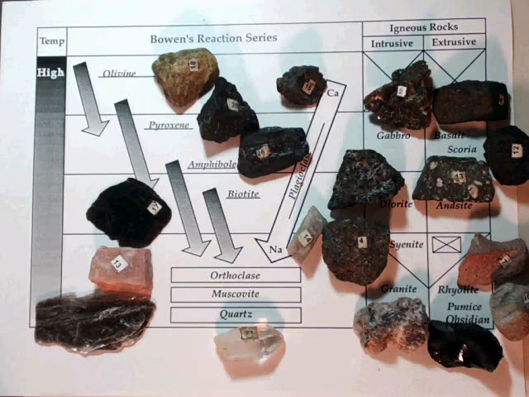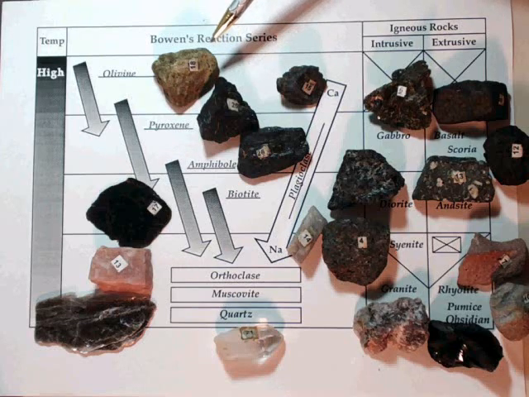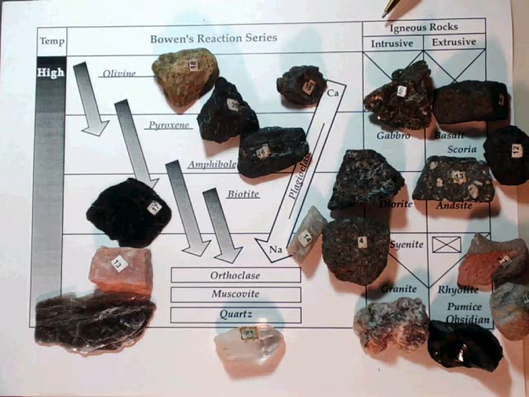So as you can see from our chart, it depends on the mineralogy, what minerals crystallized out, and how quickly. So what was the cooling rate? Intrusive is much slower, extrusive much more rapid. Some of these have trapped gas bubbles, so vesicular. Some were so quick that they didn't even have a chance to create crystals, like an obsidian.